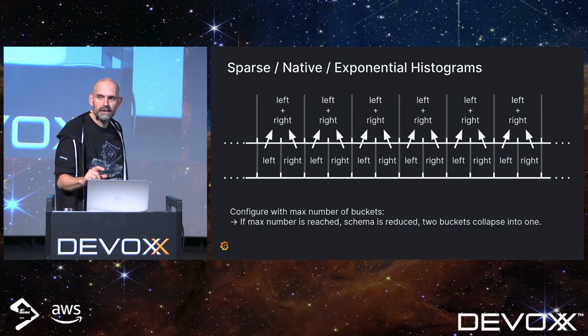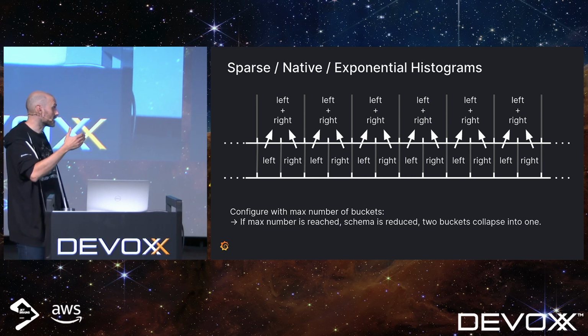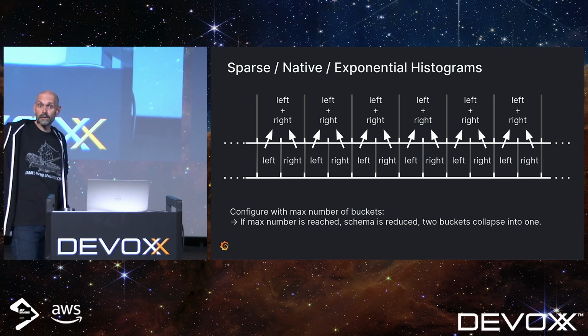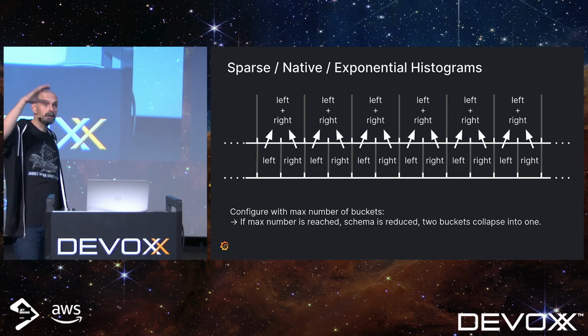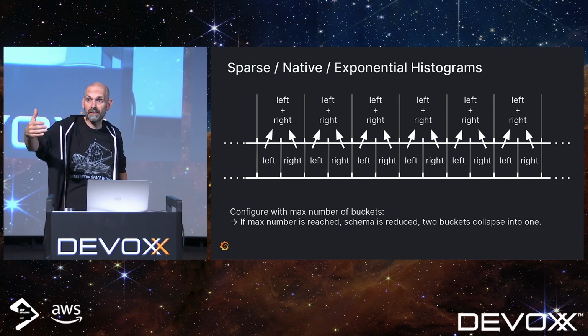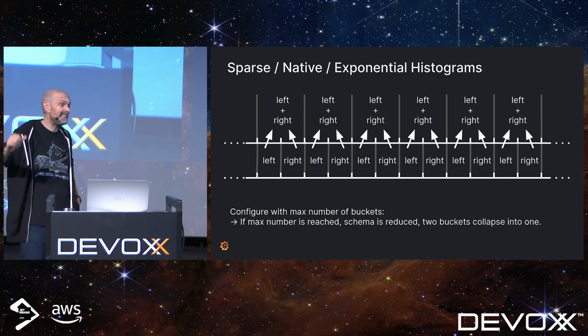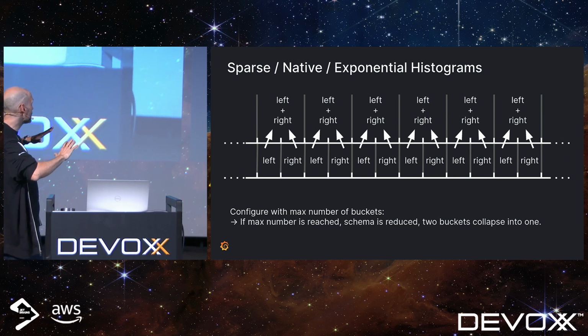And the second trick is you can actually specify a maximum number of buckets, right? As soon as the maximum number of buckets is reached, your metrics library will automatically scale the histogram down. So basically it decreases the schema, you get one schema level less, right? You end up with half the buckets, so two neighboring buckets are just merged into one.